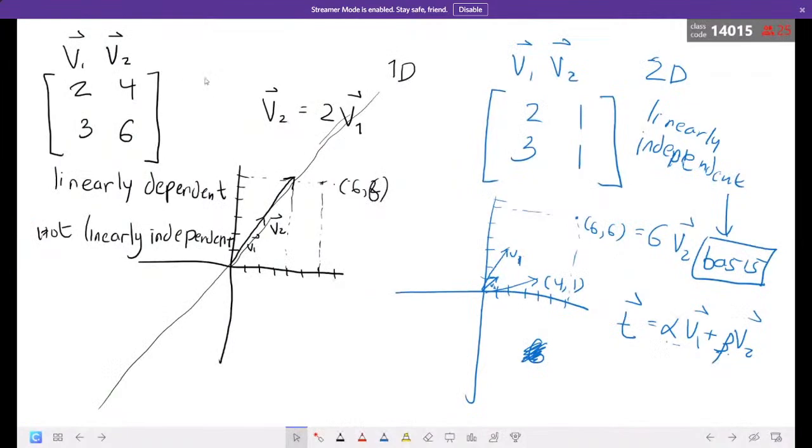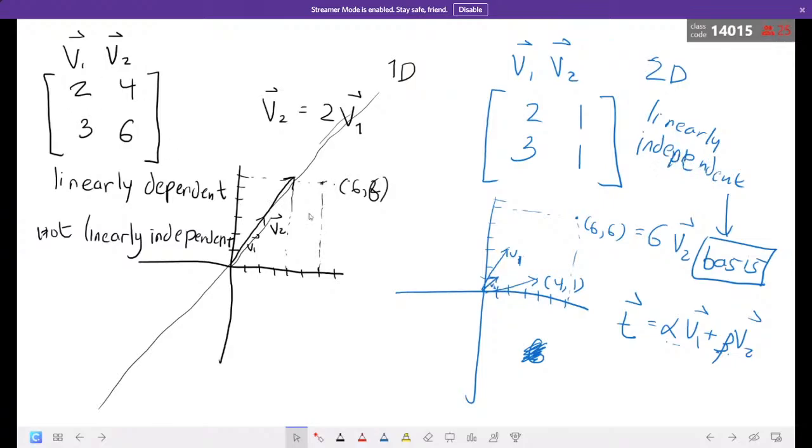...the maximum number. So let's say that we have a 2 by 2 matrix, like 2, 3 and 4, 6, and 2, 3 and 1, 1. We figure out that in this case, the black one can only reach one dimension, the span is only one dimension, only one vector.